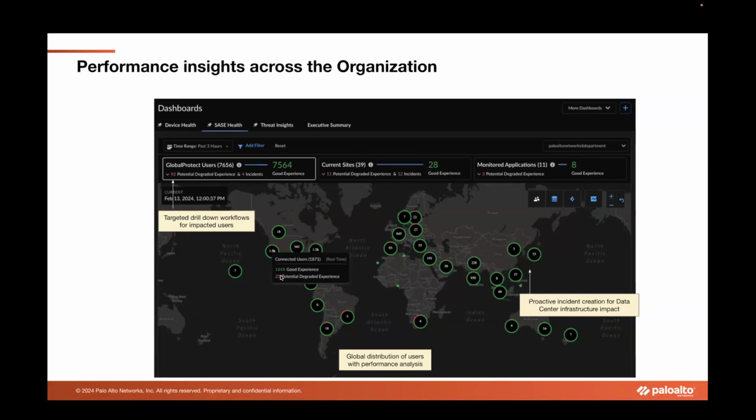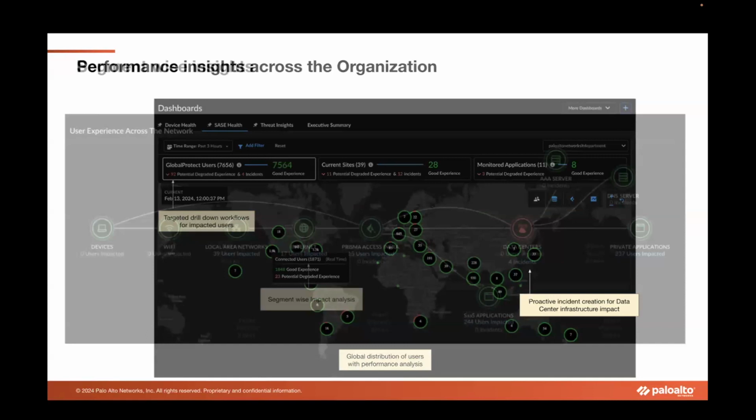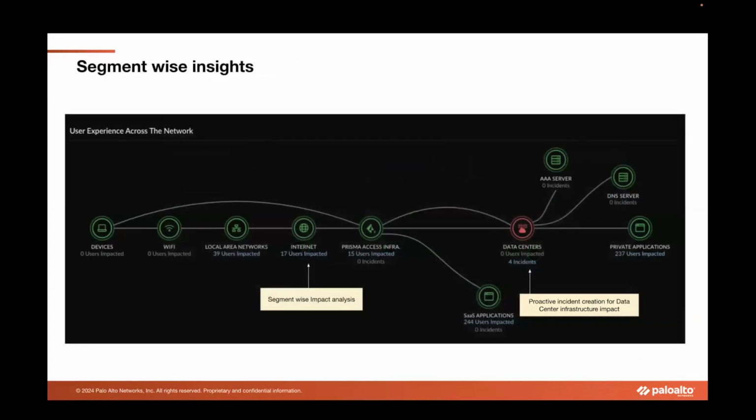Now, as any network administrator would want, they want to know who are the users whose performance is impacted and why is their performance impacted, where is this performance impact getting introduced, and what is my AI solution doing in order to surface these issues, in order to notify me about these issues, and also help me remediate and fix these problems. So that's what we are going to be looking at.